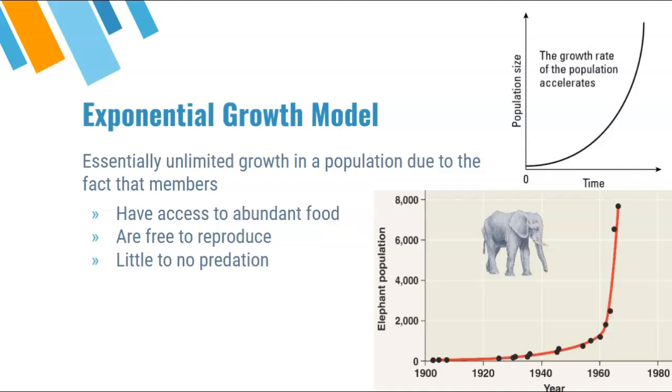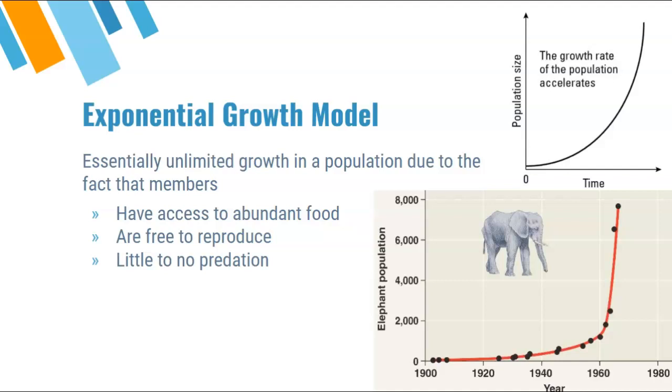So as we look at growth, we see what's called the exponential growth model. This means that we see exponential or unlimited growth in a population. The only way this can happen is if the individuals have access to abundant food, they can reproduce as much as they want, and there's little to no predation. And you might think, well, where is this even possible?